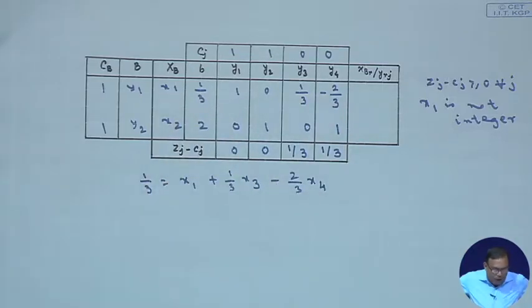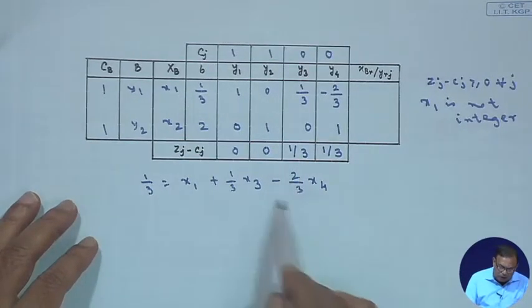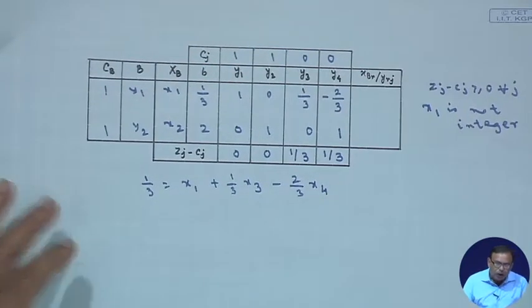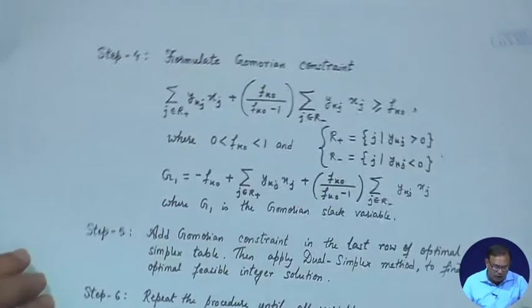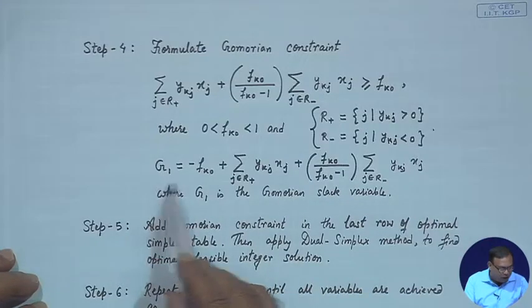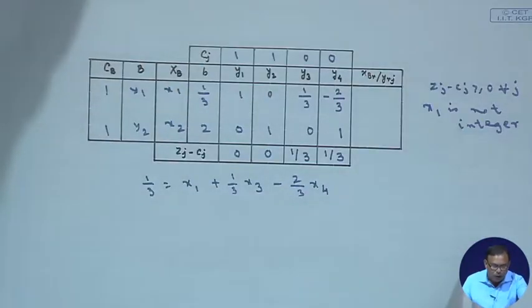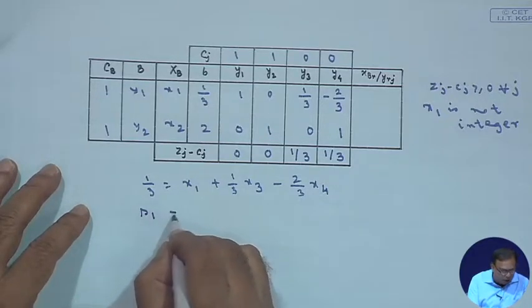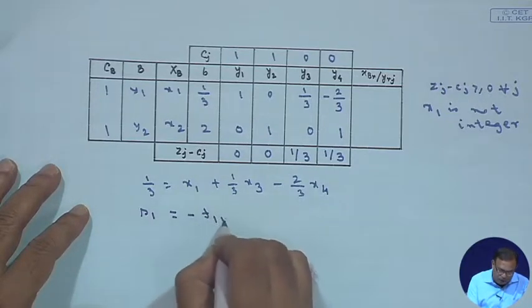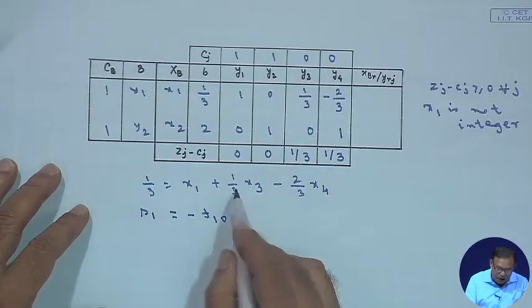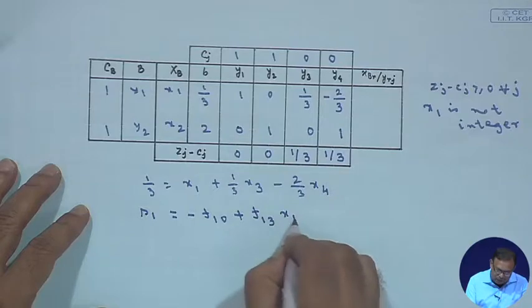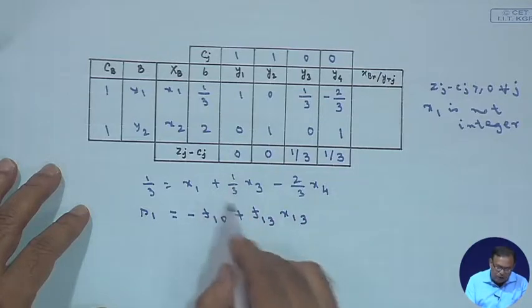So, x 4 has the most negative coefficient in the mixed fractional part. Using this Gomorian constraint, g 1, now I have to calculate. So, S 1 will be equal to, in place of g 1 I am writing S 1, minus f 1 0 plus f 1 3 x 3, because this is the positive one.